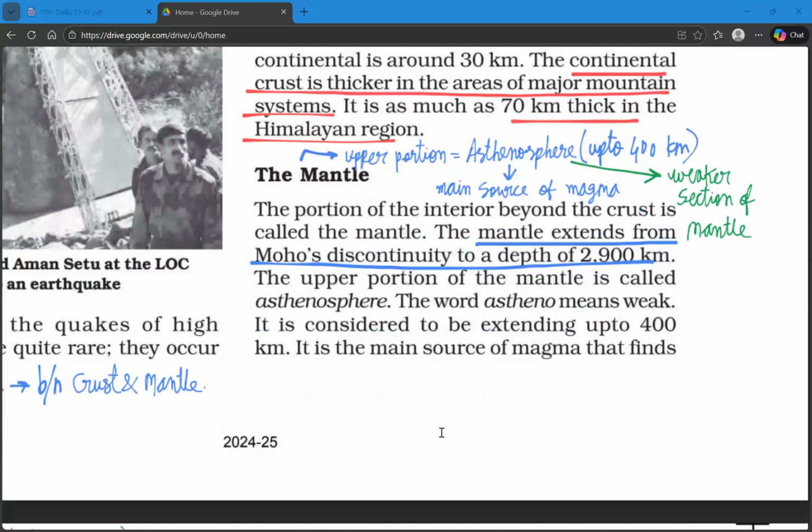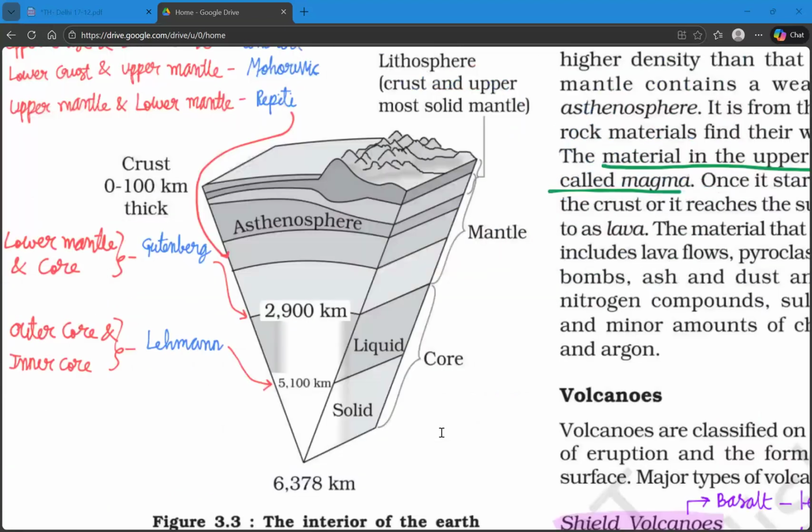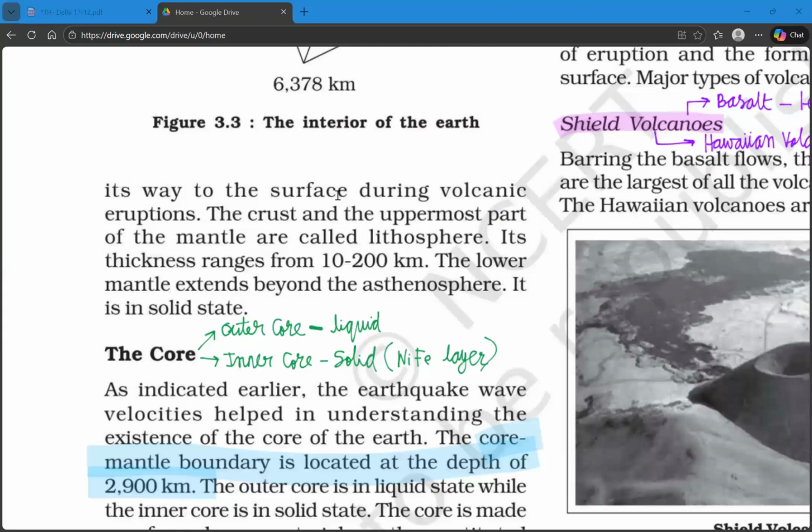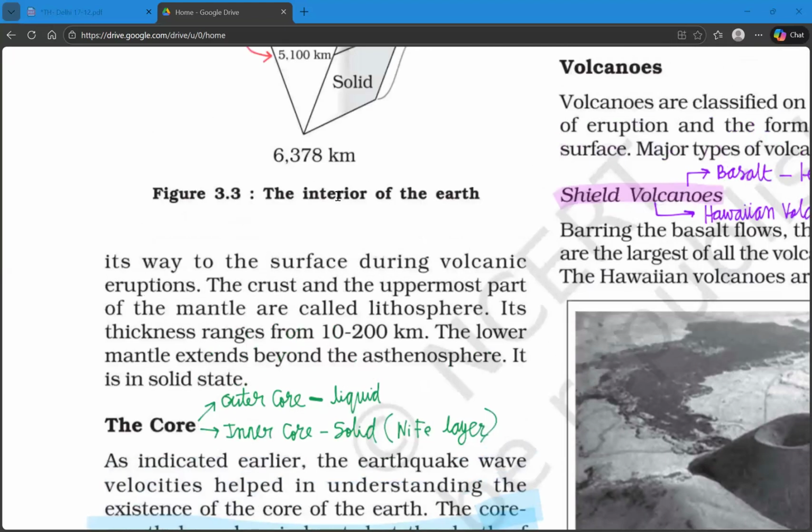The mantle is the main source of magma that finds its way to the surface during volcanic eruptions. The crust and the uppermost part of the mantle are called lithosphere. The thickness ranges from 10 kilometers to 200 kilometers. The lower mantle extends beyond the asthenosphere and it is in solid state.